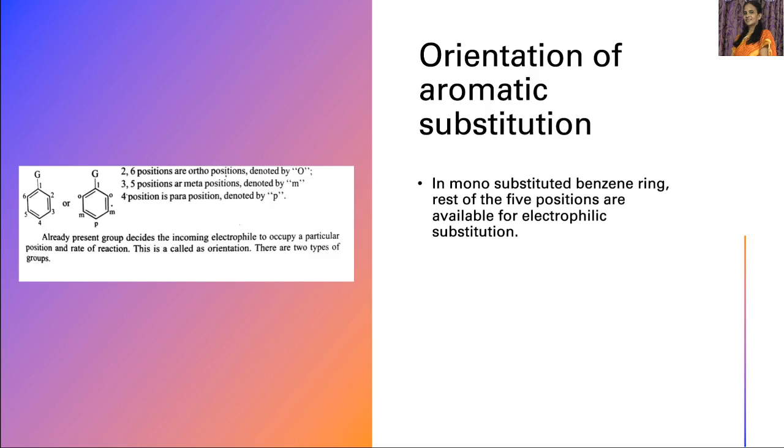The carbon to which the group is attached is the first carbon, the second and sixth carbons are ortho positions, the third and fifth positions are called meta positions, and the fourth position is known as the para position. So these are the 3 different positions we come across which are available in monosubstituted benzenes.